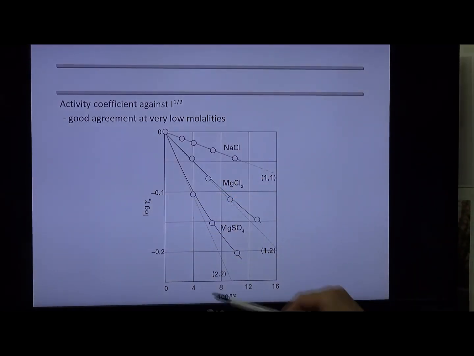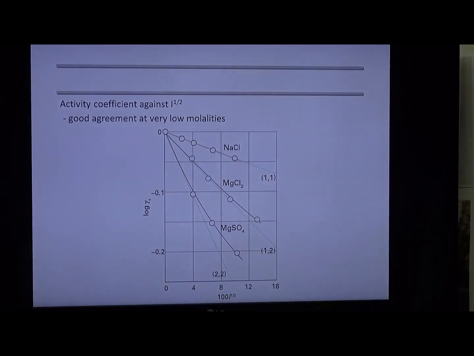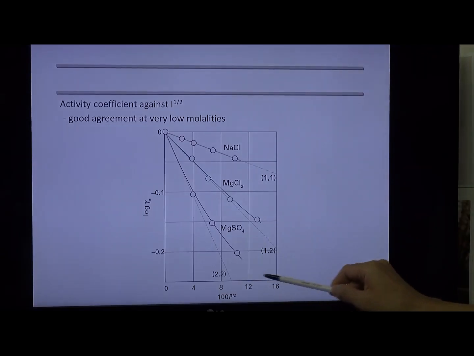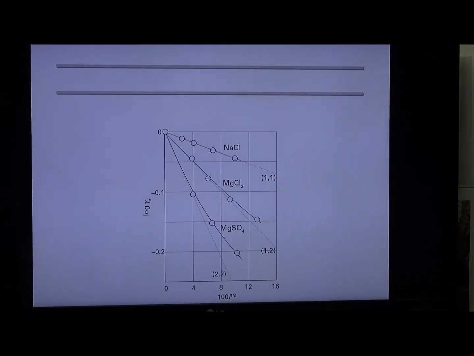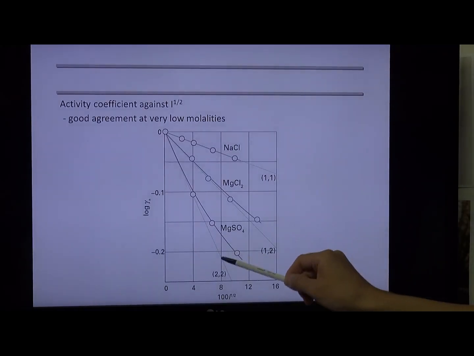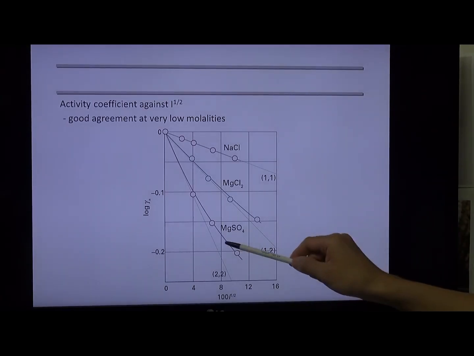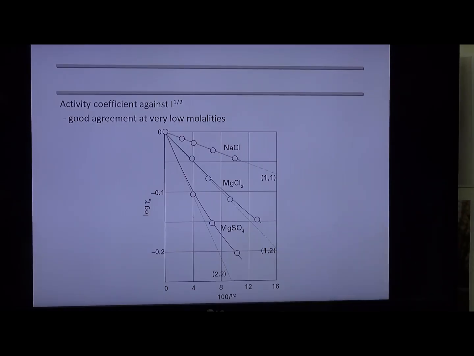As you see, when concentration is low, it matches well with the real behavior, but as concentration gets larger, this simple equation cannot really describe the behavior of the real ionic solution. There are differences between this simple equation and the real data, right?